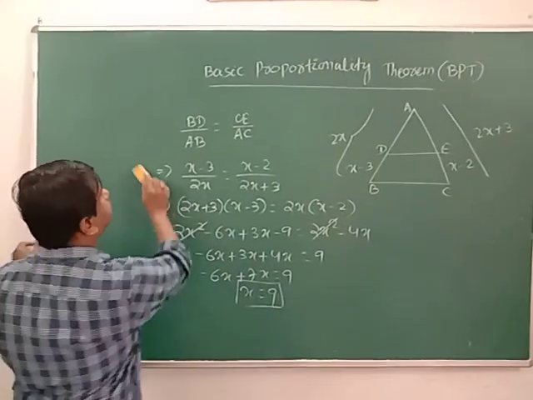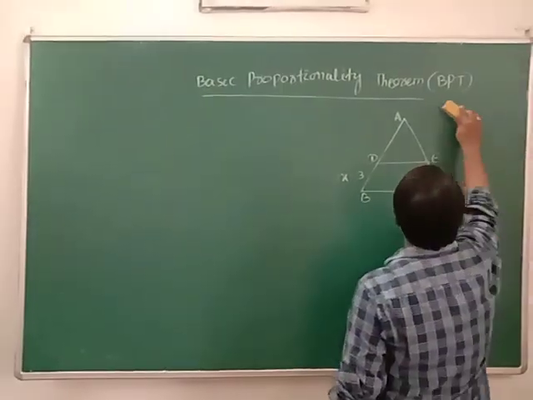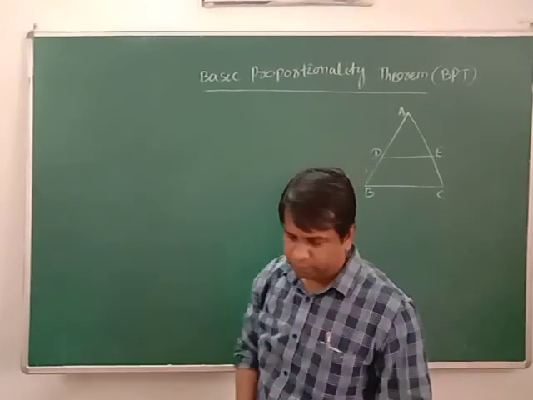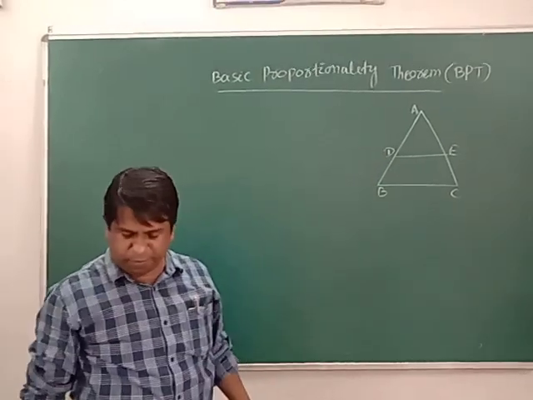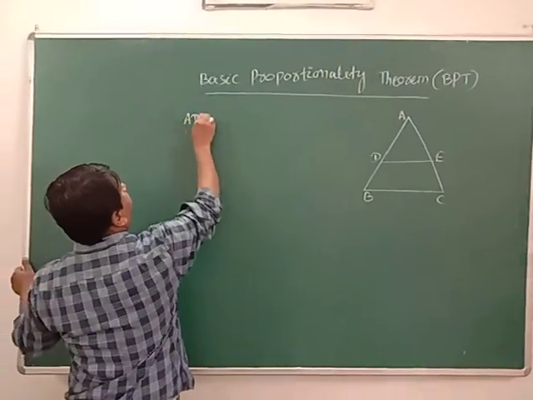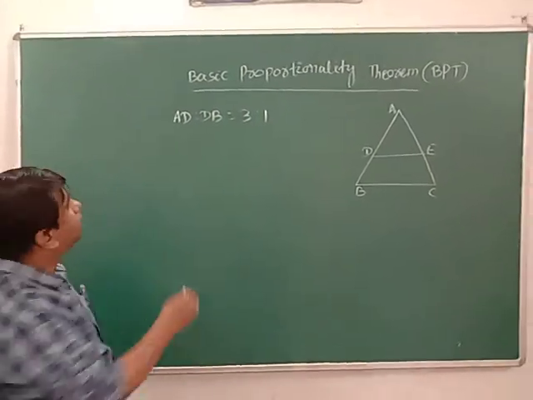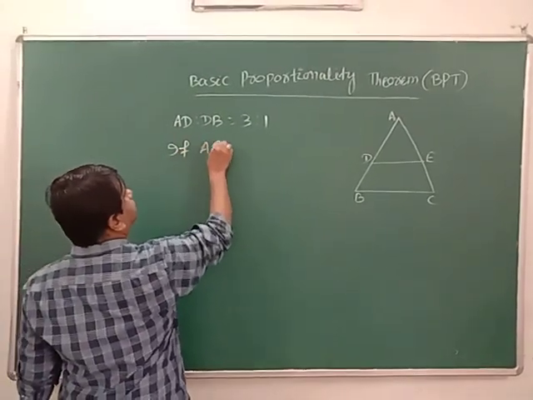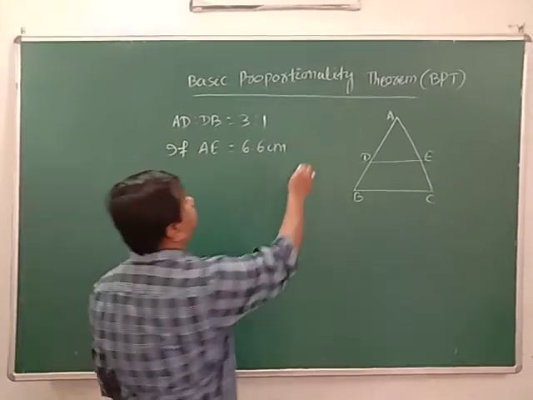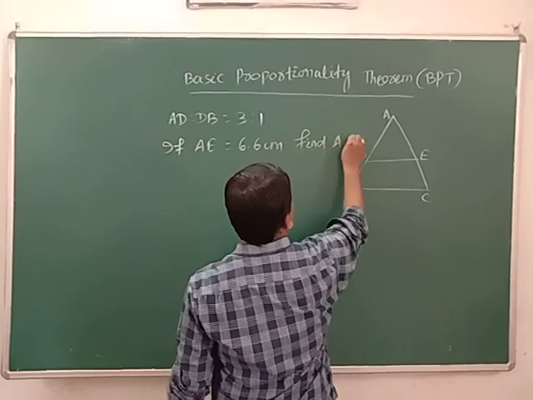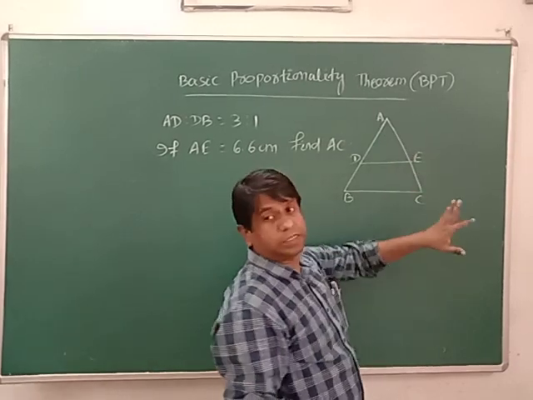Let's take another example. To use the BPT ratio, or you can also use the derived formulas. Now ABC is a triangle, DE is parallel to BC. You are given AD is to DB is equal to 3 is to 1, and if AE is equal to 6.6 centimeter, find AC. So AC is nothing but the combination of AE and CE.